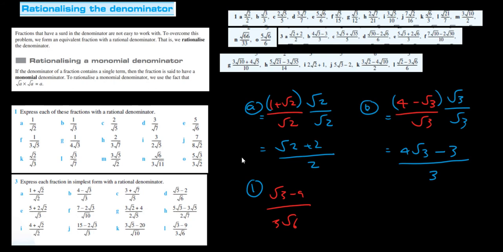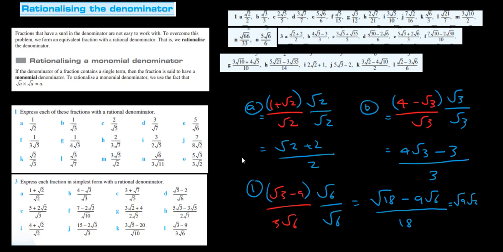Okay, so for L, I'm going to multiply numerator and denominator by root 6. So I get root 18 minus 9 root 6 all over 18. I can rewrite root 18 as root 9 root 2 minus 9 root 6 all over 18.